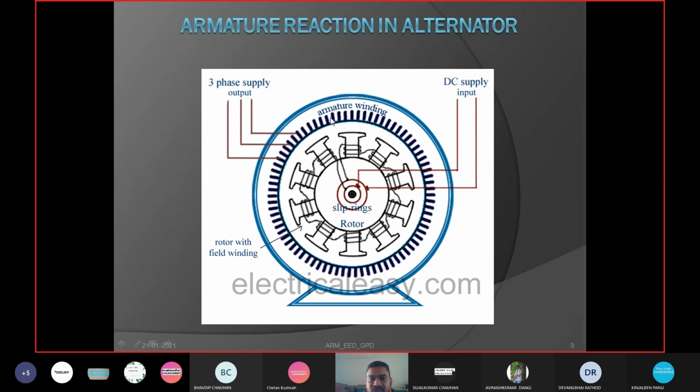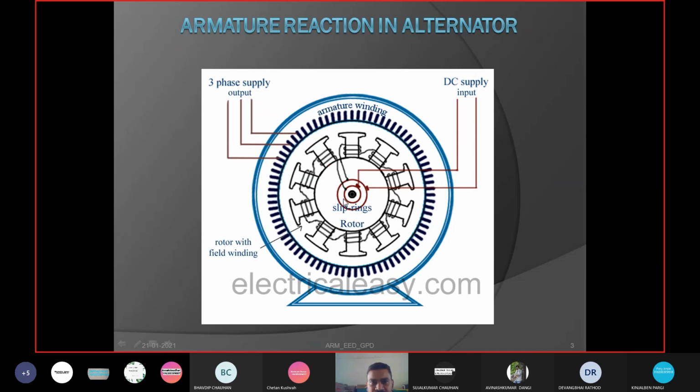Whatever effect the armature flux has on the main field flux is known as the armature reaction. So the reaction on the main field flux by the armature flux is why it is known as armature reaction.